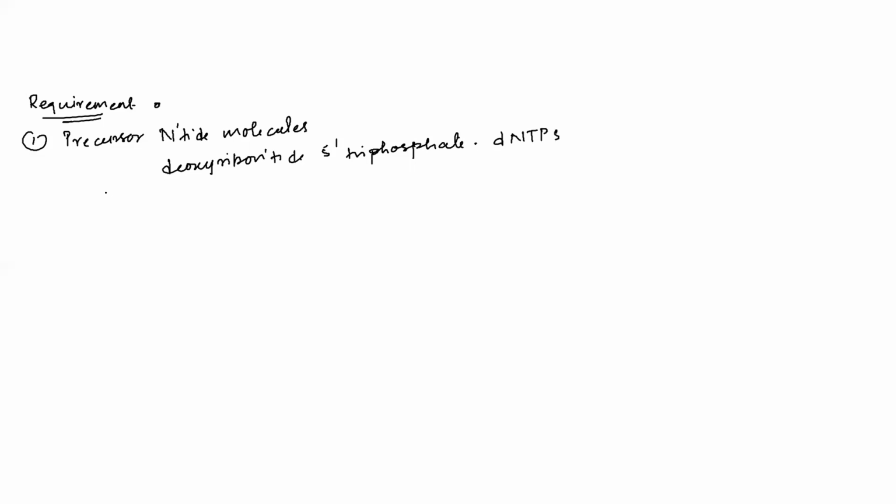So it is dNTPs, that means you need dATP, dGTP, dCTP, and dTTP. Yes, you require this. And see, the three phosphate groups of this nucleoside triphosphate usually are designated as alpha, beta, and gamma.